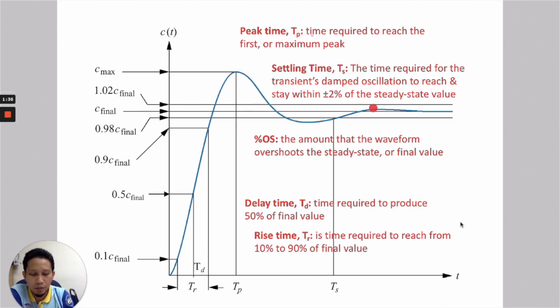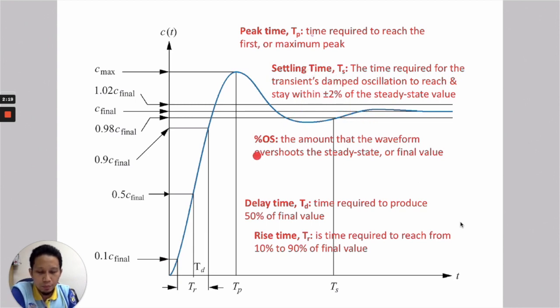After some time, the oscillation varies between these two border lines, 0.98 and 1.02, which is plus minus 2% of the final value. When the oscillations stay within these two boundaries, then we say the system has reached the settling time.